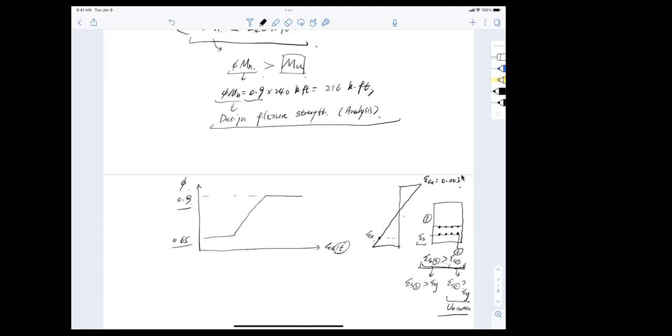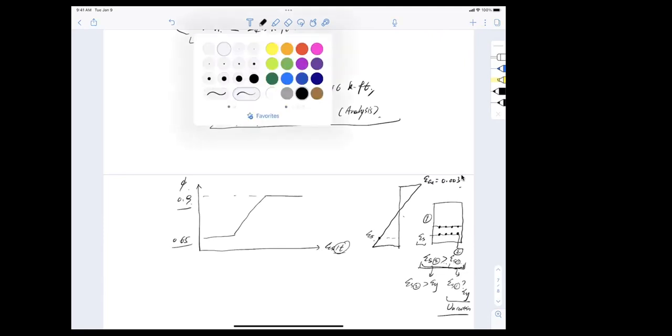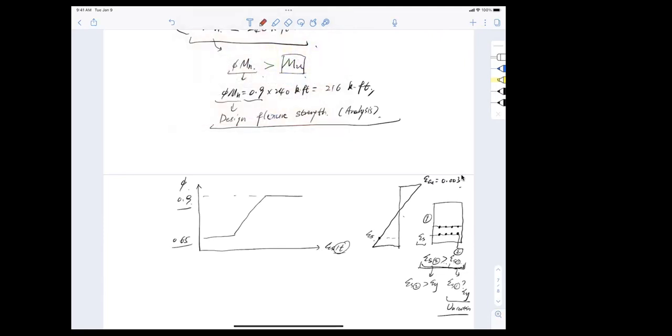We now know that the total strain or the average strain of this group of bars should be somewhere here, because that is the center of the group of bars. That means you need to pick which strain you are referring to in doing this phi here. So the question is, is this epsilon s or something else?